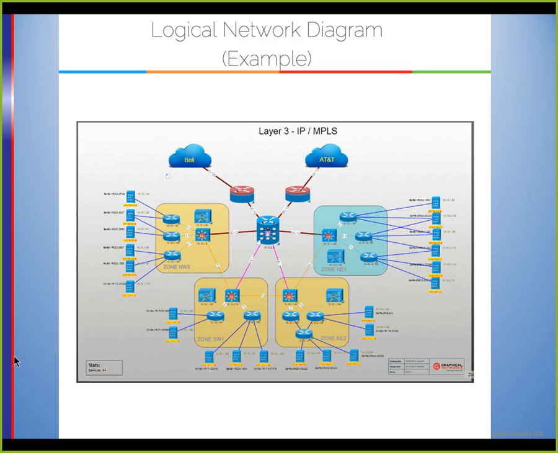A logical example here. Logical is how data flows; physical is where the devices are actually located together and how they connect together. The physical and the logical obviously can be different. We saw that when we talked about the devices themselves. The hub was a physical star, logical bus.